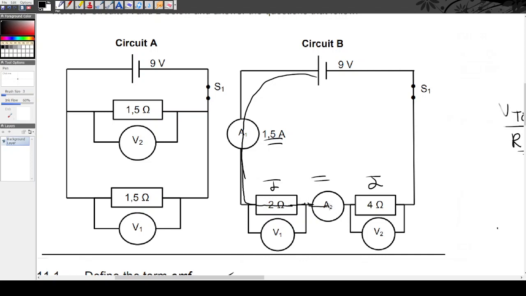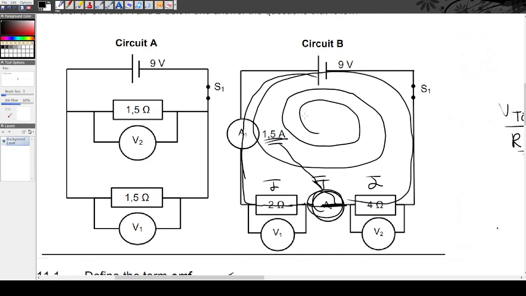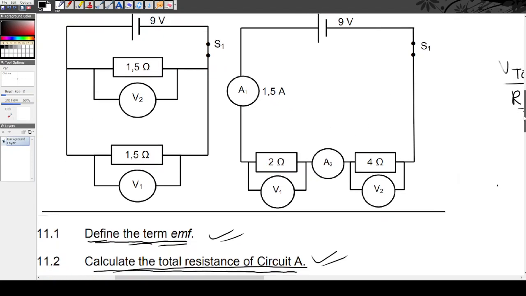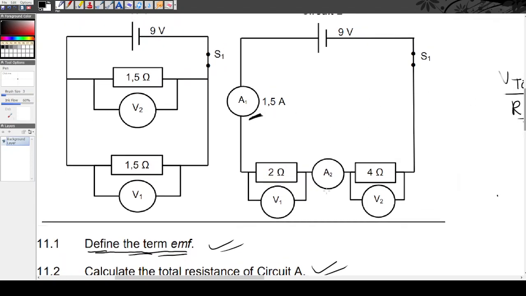So this will also become 1,5 amps. It's the same throughout the circuit. Remember, resistors in series have the same amount of current. So the reading in A2 will be the same as the reading in A1.